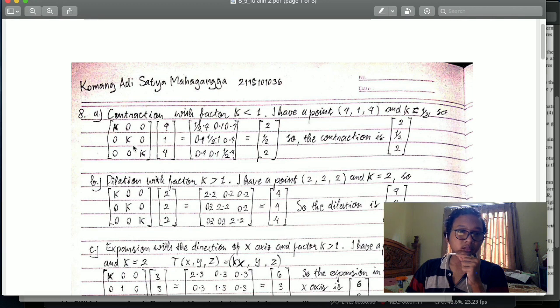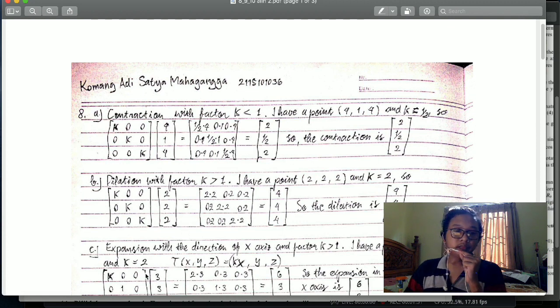We build a k matrix similar to the identity matrix, and multiply that with the point 4, 1, 4. That gives us the vector 2, half, 2. So the contraction of the point is 2, half, 2.